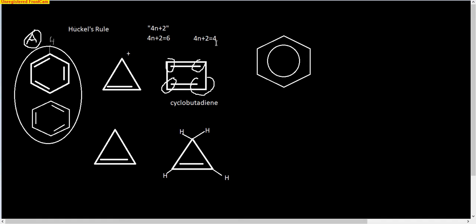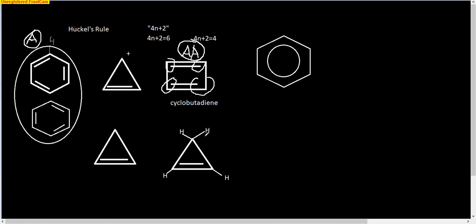Drops down to 1 over 2. So it's 0.5, which is not a whole number. So cyclobutadiene, or whatever this compound is called, is anti-aromatic. Bam. So cyclobutadiene does not fit into Huckel's rule, and it's anti-aromatic.